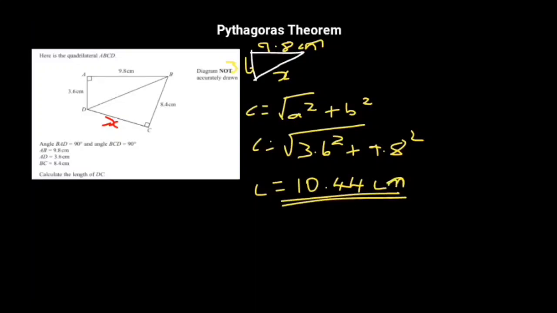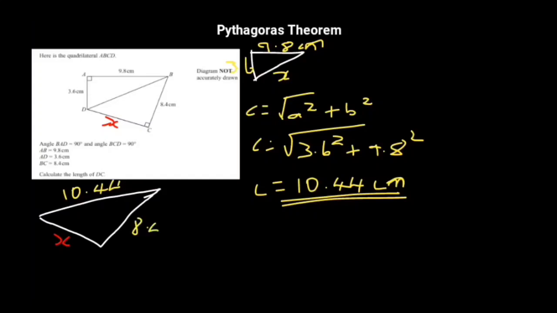Now that we find our BD value, we can now solve for X because we only have one unknown value left in our second triangle. So we're going to draw our triangle. We have X at the base. Then we have our hypotenuse, which is the length that we just found, as 10.44 centimeters.